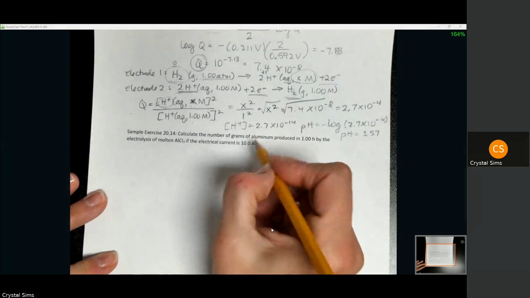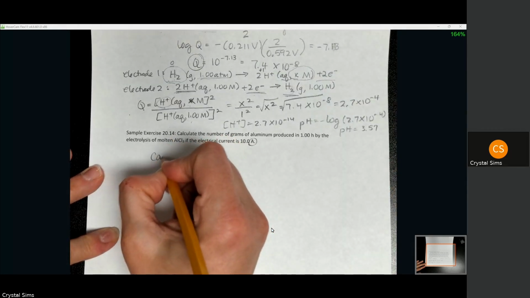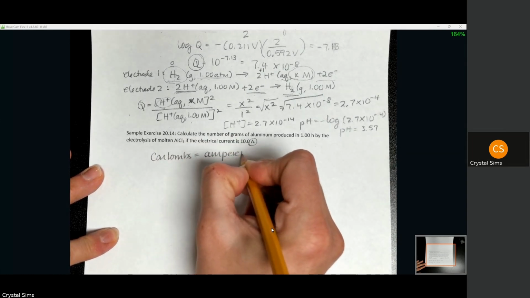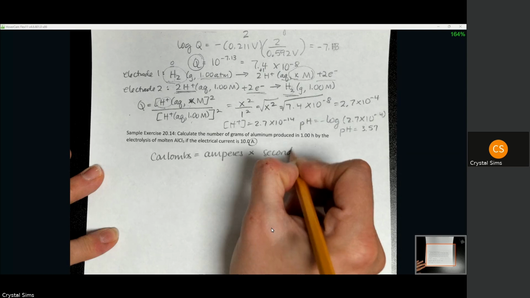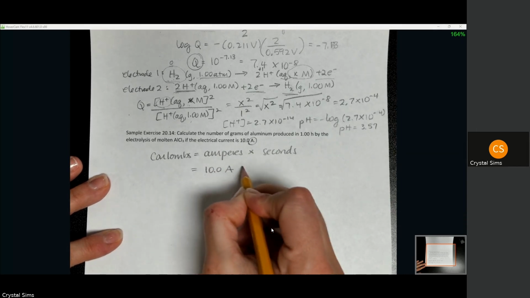Okay. So the first thing we need to do is solve for coulombs. So coulombs is equal to amperes times seconds. Okay. They told us it was 10.0 amperes.